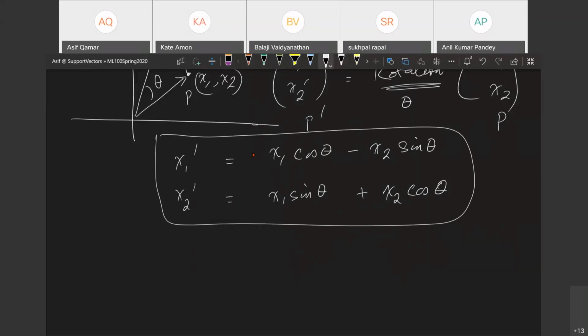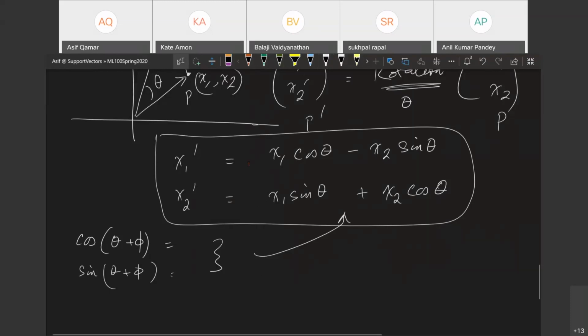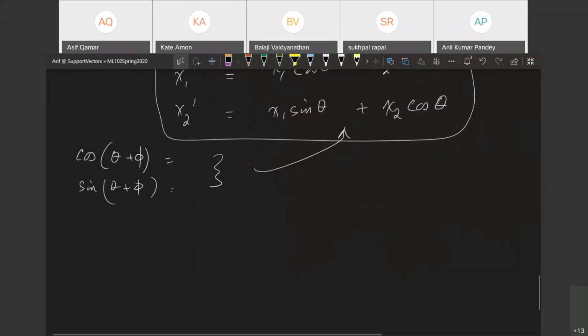So I'll tell you where it comes from. It comes from the identity cosine theta plus phi. Expand it out. And sine theta plus phi. Expand it out and see what it means, and then you will find the answer. It will basically lead you to this. So you'll have to remember those things.